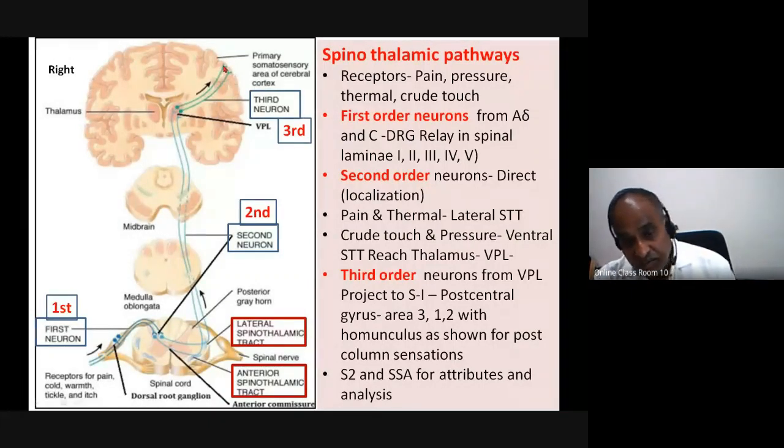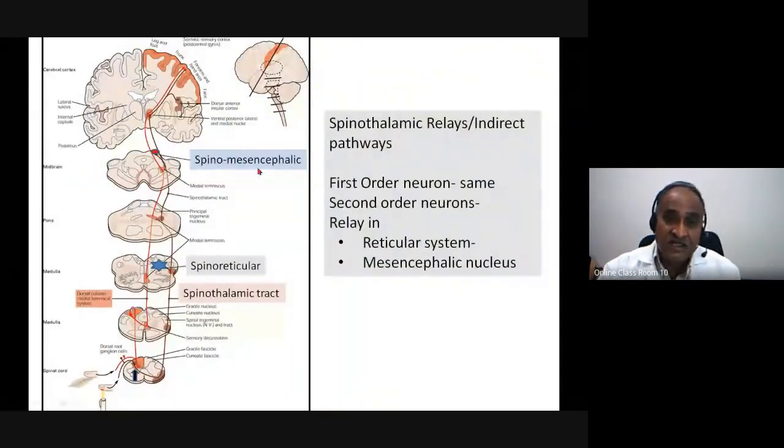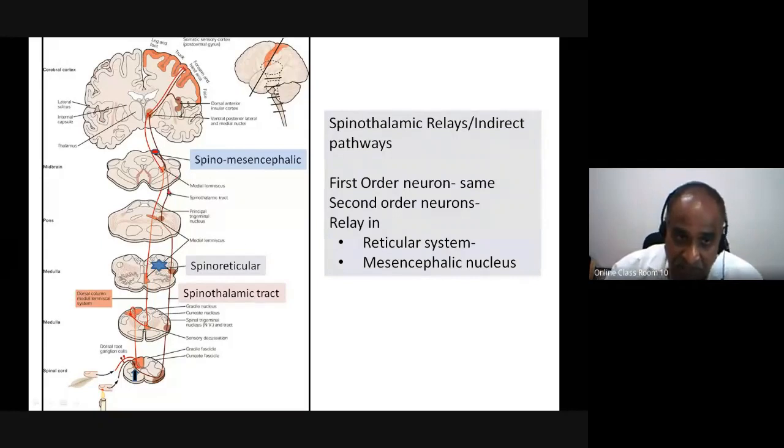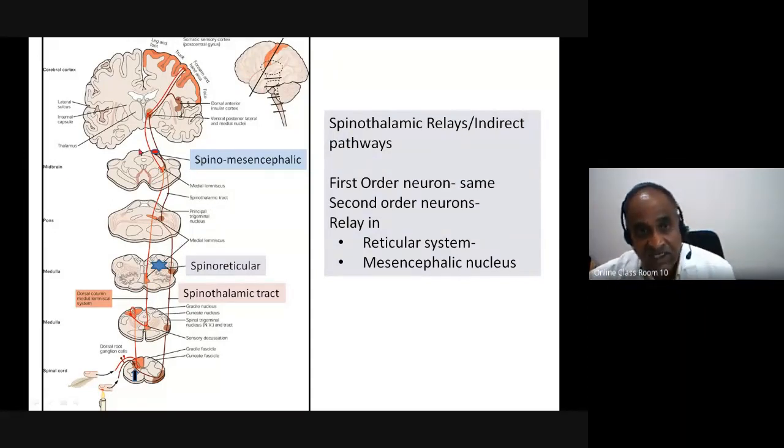That is simple. Now I wanted to include the other projections, because you can just see that the same projections have a collateral here. This gives a collateral here because this spinothalamic tract, when ascending up in the medulla or in the midbrain level, will be lateral to the medial lemniscal fibers, you can just see that.